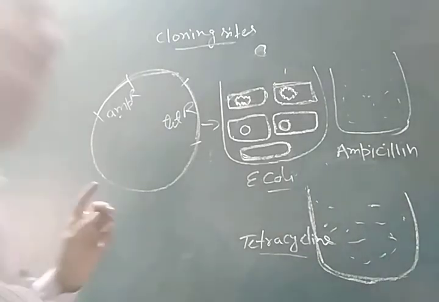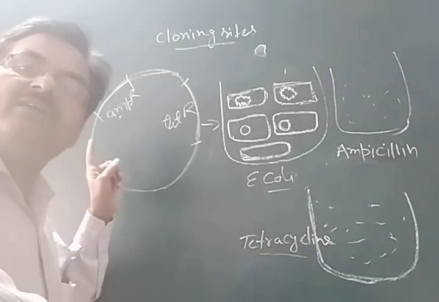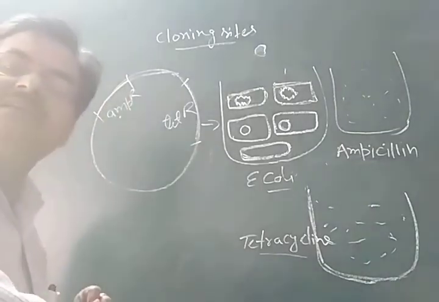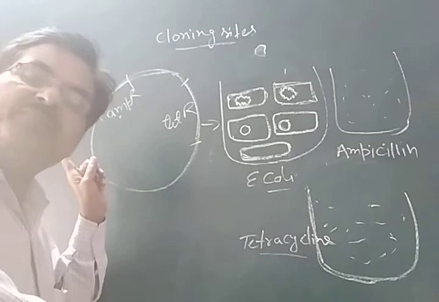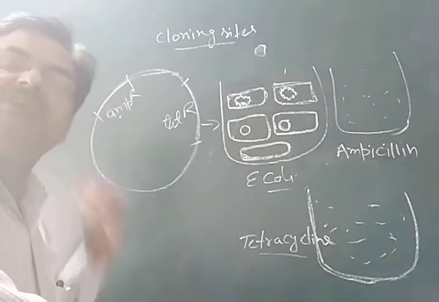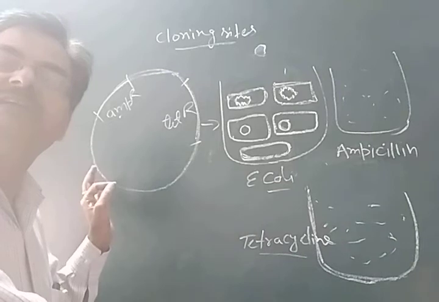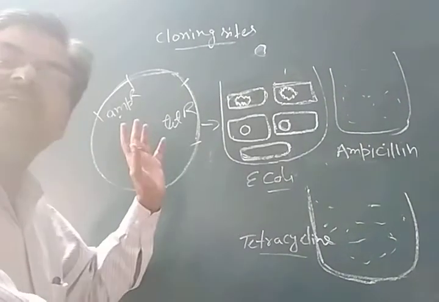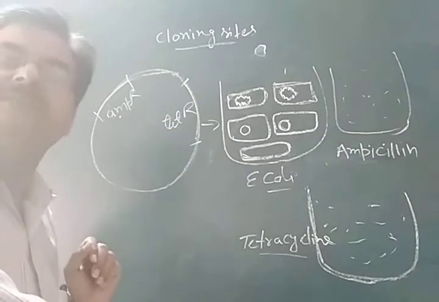Likewise, if we ligate a foreign DNA or any alien piece of DNA in the ampicillin resistance gene, the ampicillin resistance gene will be inactivated due to the insertion of that foreign DNA. This is called insertional inactivation.